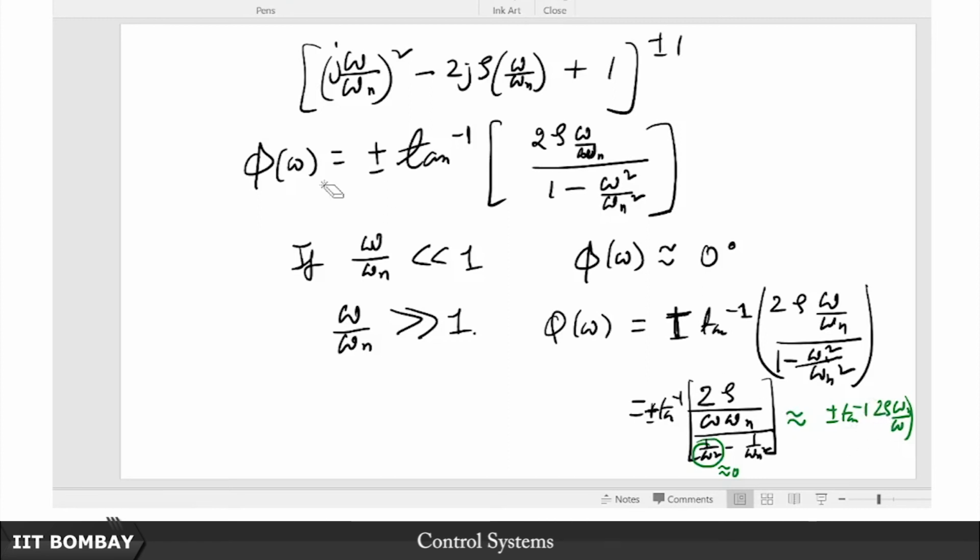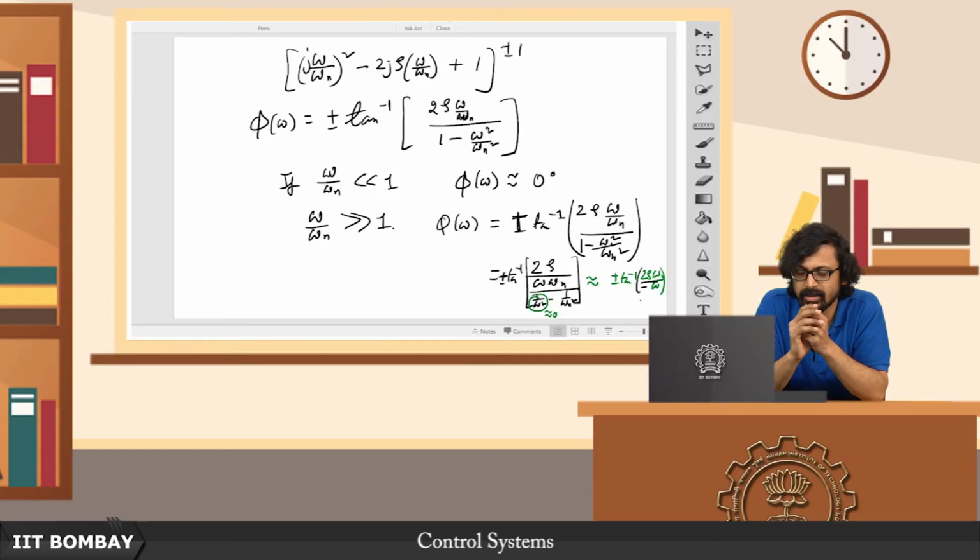The minus sign is basically in the real part. If the real part is negative and the imaginary part is almost 0, we know that it is at 180 degrees. It is either going to be plus 180 degrees or minus 180 degrees, but the two of them do not make much of a difference.